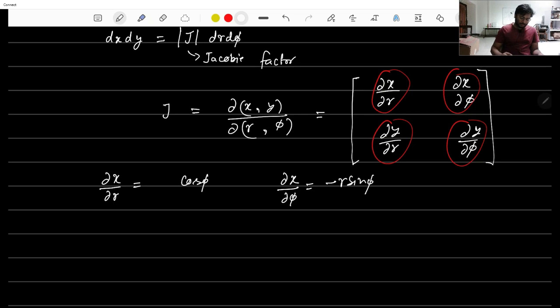And the derivative of y with respect to r: y equals r sin phi, so this will become sin phi only, and the derivative of y with respect to phi will become plus r cos phi.